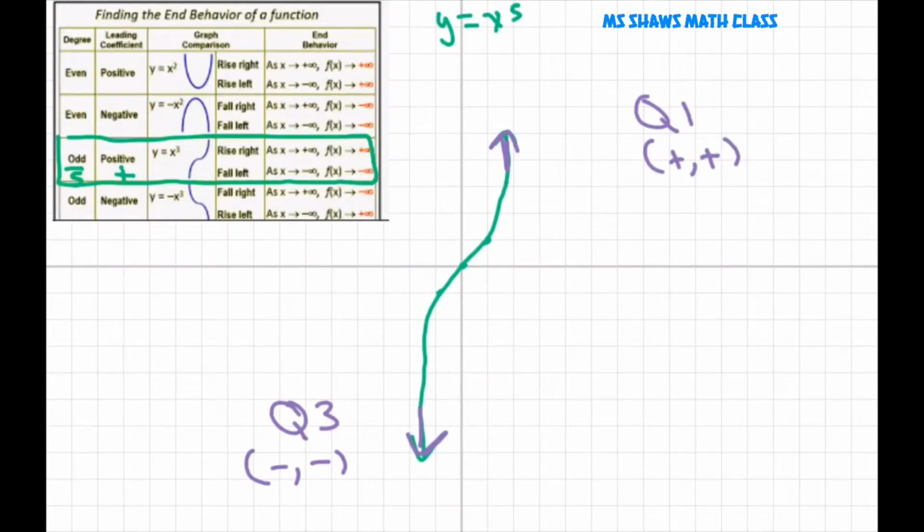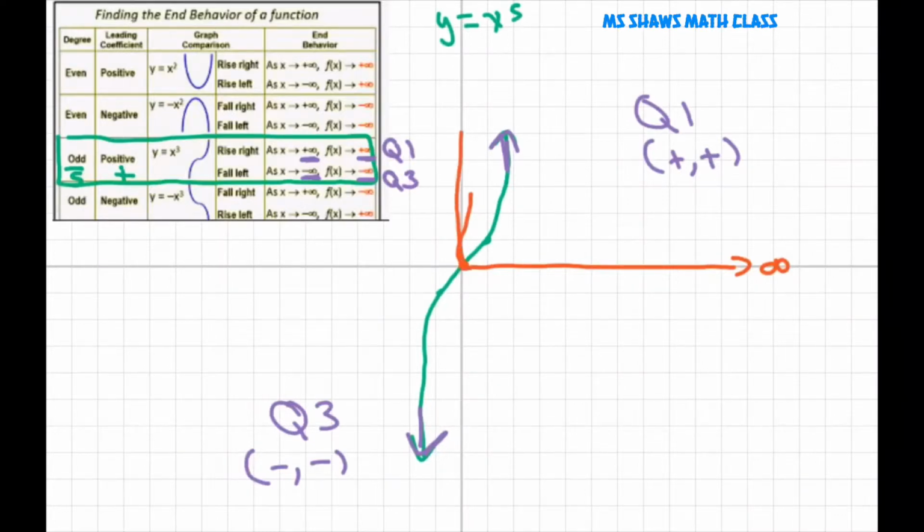All right? And let's look at this. As x goes positive, so does y. And as x is negative, so is y. So this part is quadrant 3. This part is quadrant 1. So as x gets larger and larger, so does your y.